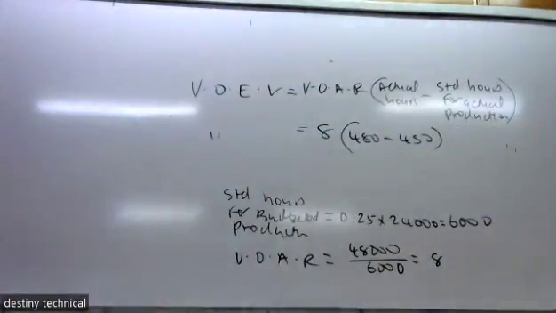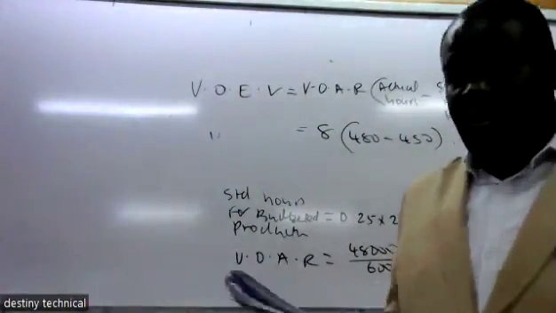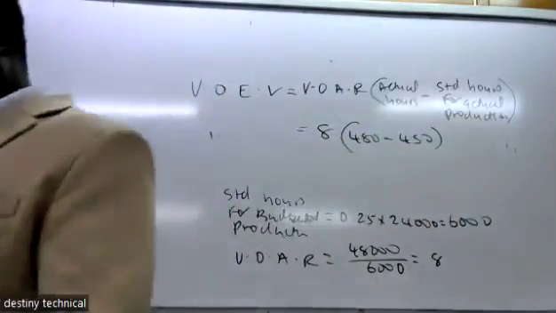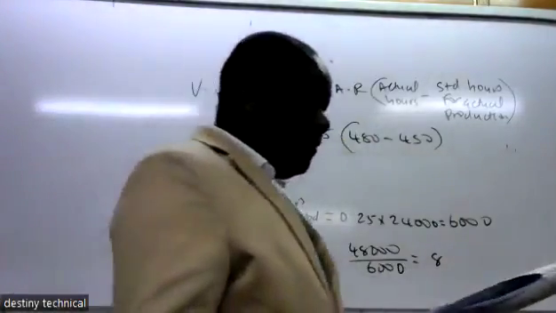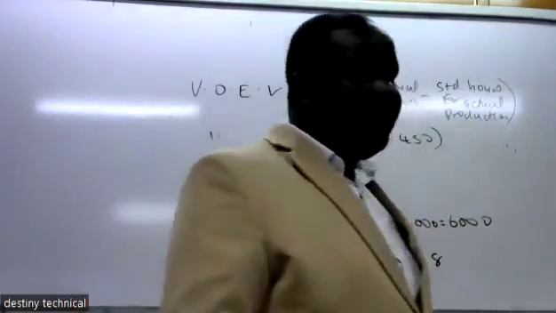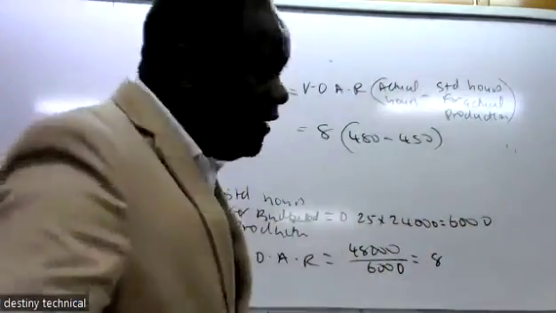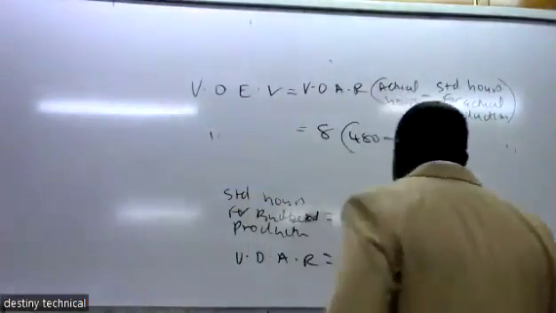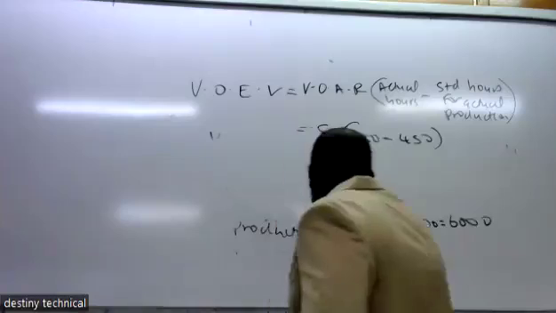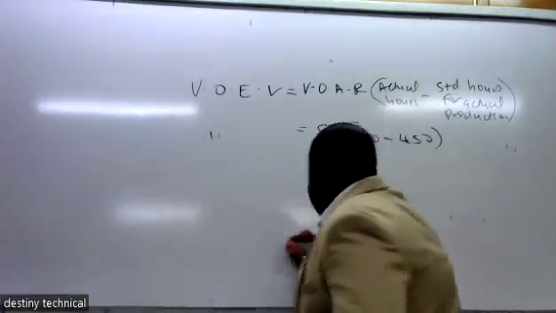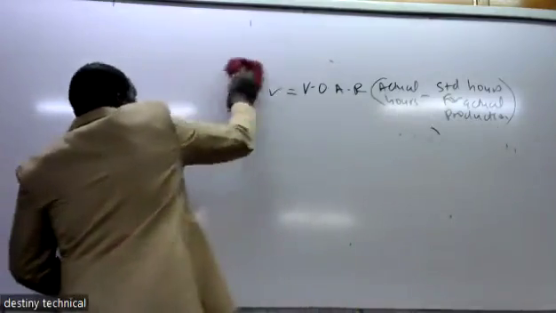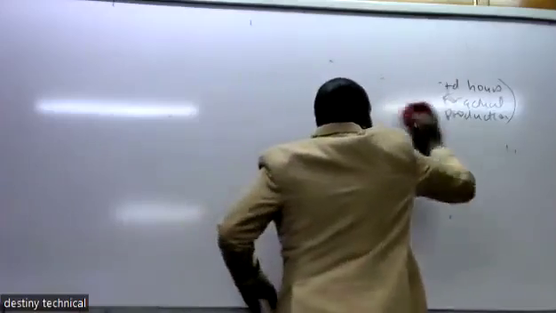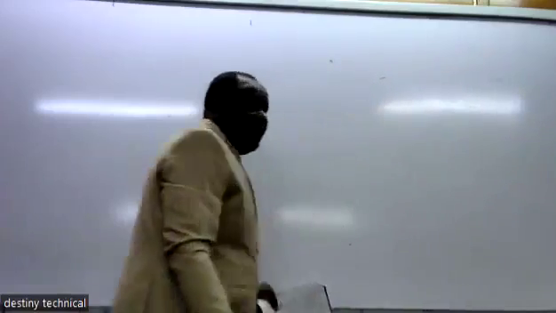So we go to Roman numeral 4, the fixed overhead volume variance. It is the same as the fixed overhead capacity variance.